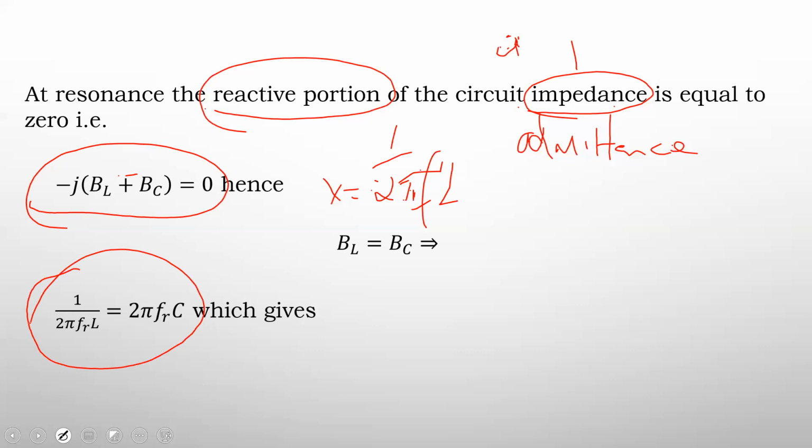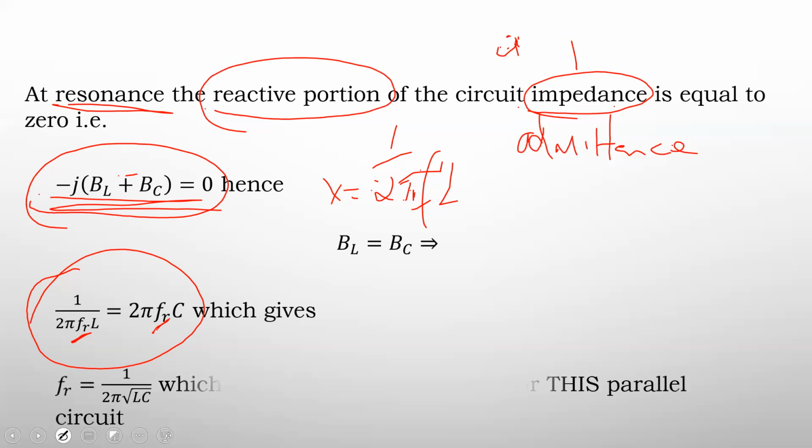Please note also that once we start describing the condition of resonance, we no longer use just F, but we indicate that this is FR, because this is true only at the resonant frequency. So if we were to rearrange this expression to make FR the subject, then FR is equal to 1 over 2 pi root LC. All right?